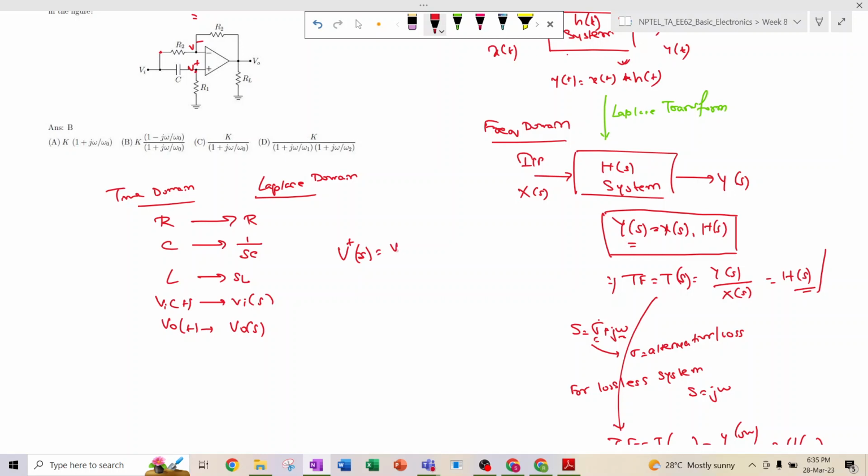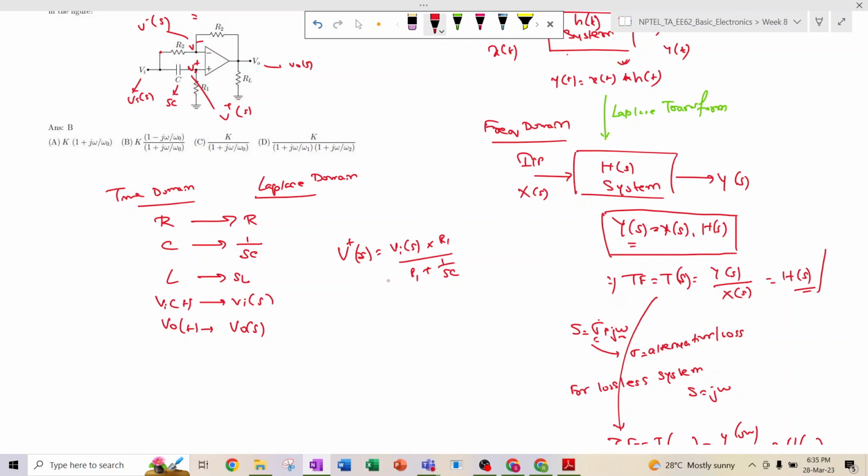So in the S domain, it is Vi of S into R1 divided by R1 plus 1 by SC. Similarly, it is V minus in the S domain, and it is also V plus in the S domain.